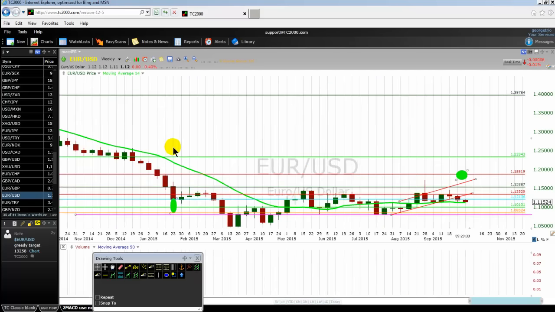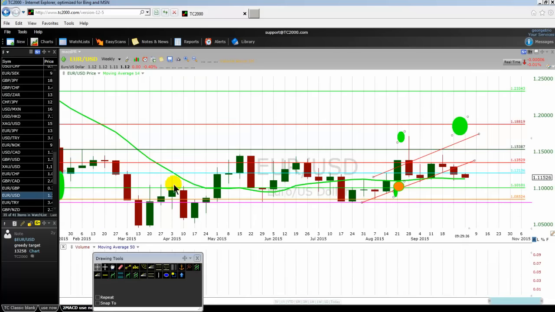You can see that the euro dollar was consolidating between a level of 11352 and a level of 10852 on the weekly chart. So it's consolidating, and the first thing that we do not want to do is to fight the current market pattern. It's a consolidation, so the price is oscillating between the level of 11352 and the level of 10852, okay.